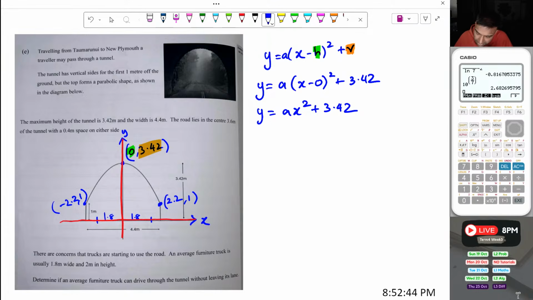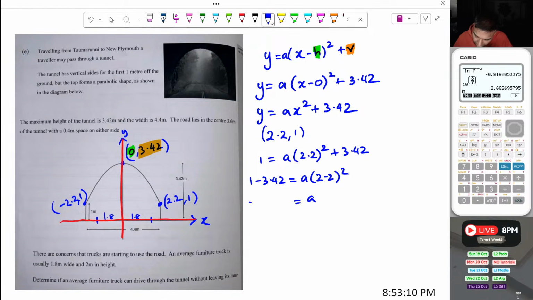So then the next part is I need to figure out what the a value is. I'm going to use 2.2 and 1 as my points. I'm going to get 1 is equal to a times 2.2 squared plus 3.42. Oh no, I'm going to rearrange this. So I've got 1 minus 3.42 equals a times 2.2 squared. So a is equal to negative 2.42 divided by 2.2 squared.